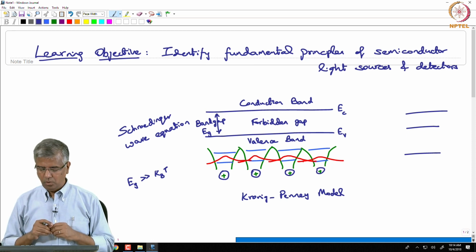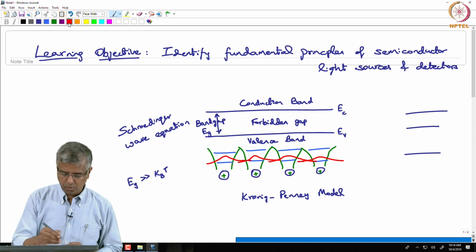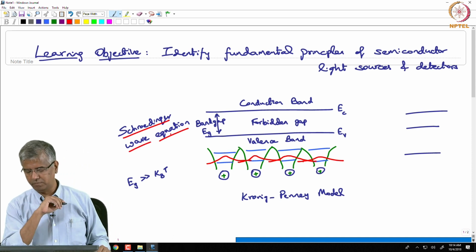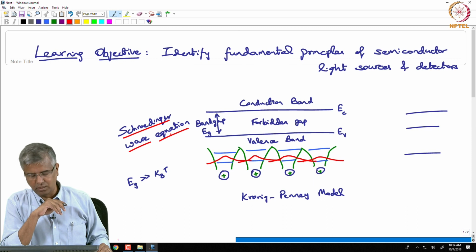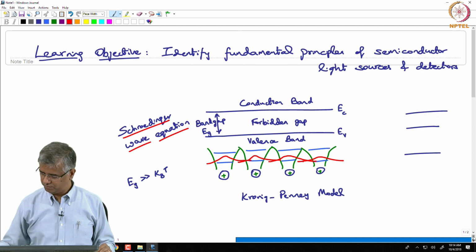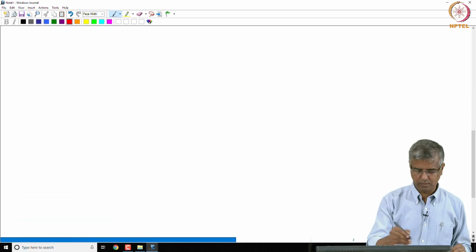Okay, so when you solve this Schrodinger wave equation without going into a whole lot of detail, what you also see is something like this.